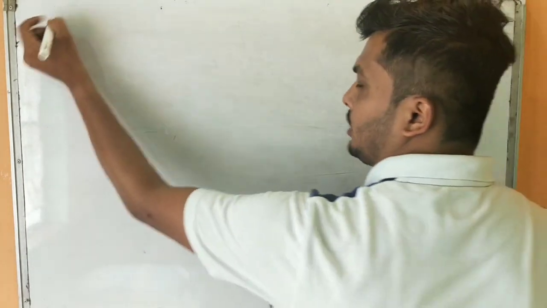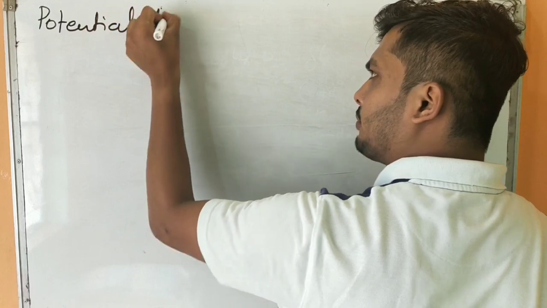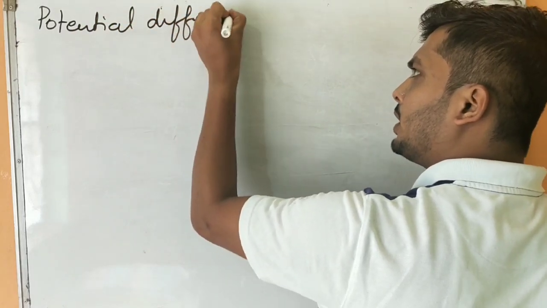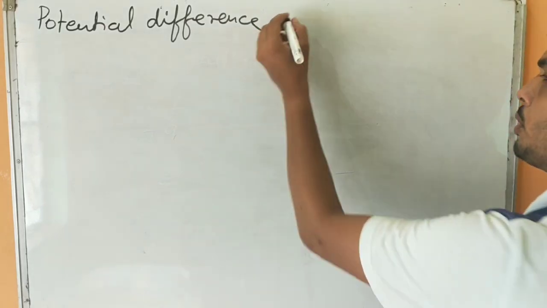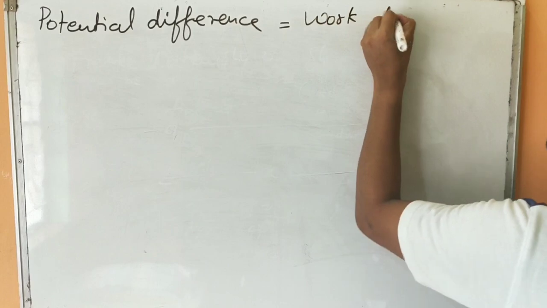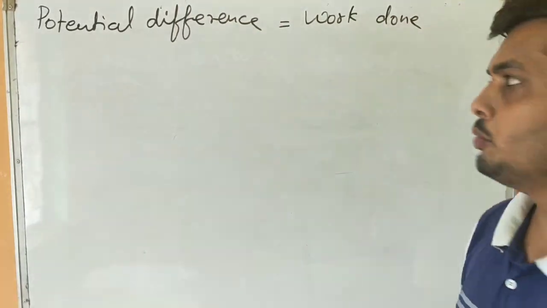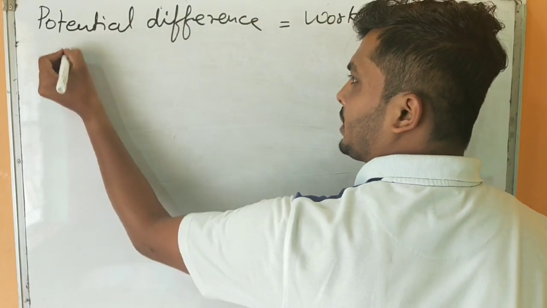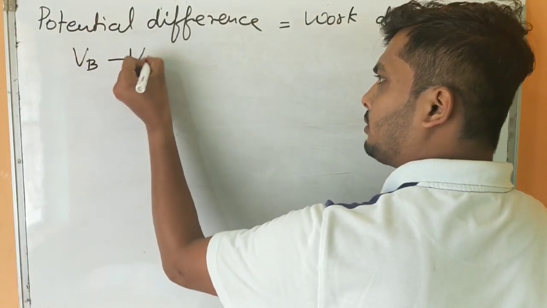Now students, already I told you, potential difference is the amount of work done between any two points. Yes or no? Potential difference is nothing but the work done. So whatever is the potential difference, that much will be the work done. Now you know that potential difference will always be the greater value minus the smaller value.